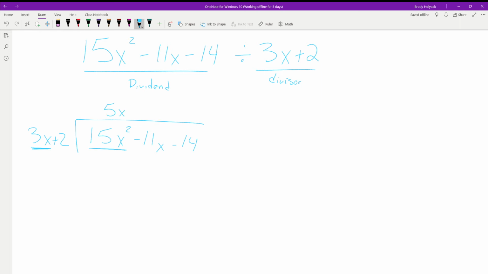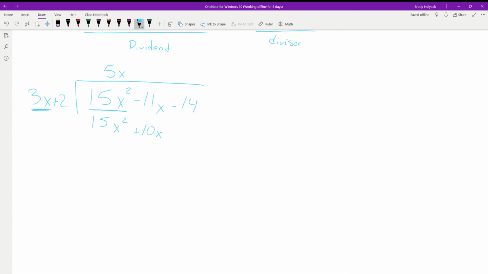Now we take this and multiply it through, just like what we did with the step above, multiplying our polynomials. So we end up with 15x squared plus 10x, the 5x and the 2, because remember, we have to multiply the whole term.